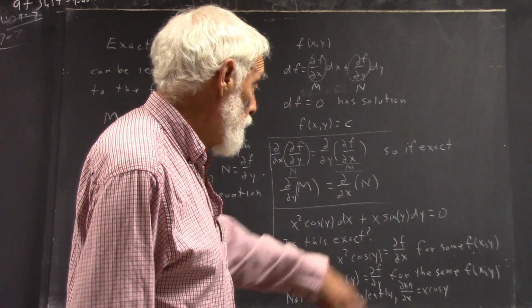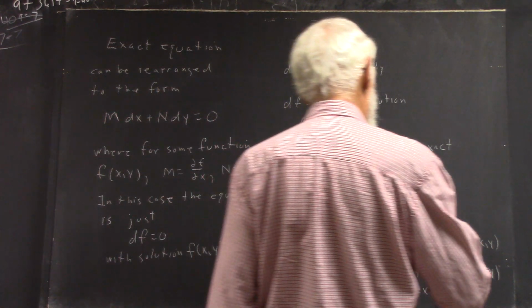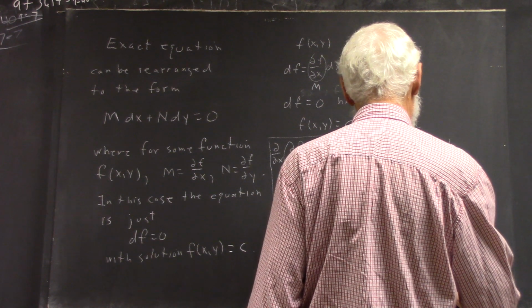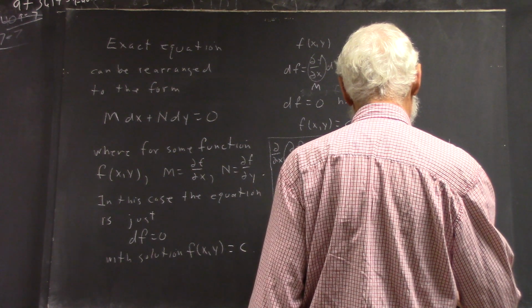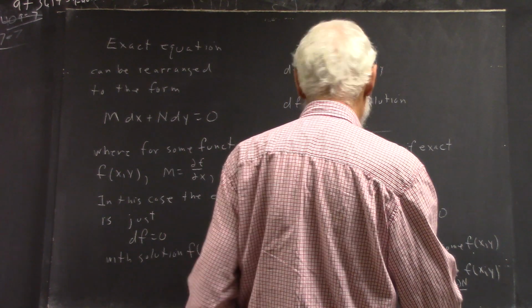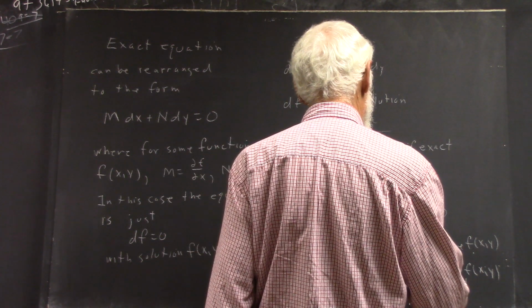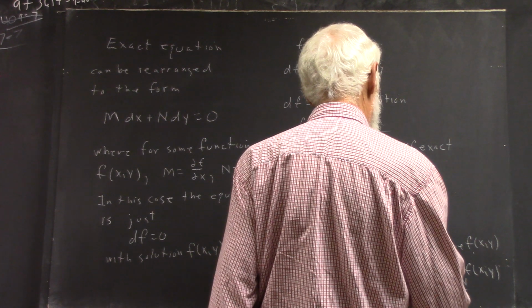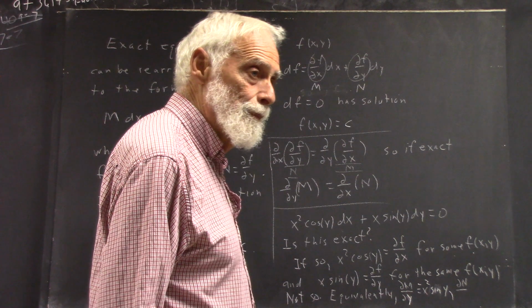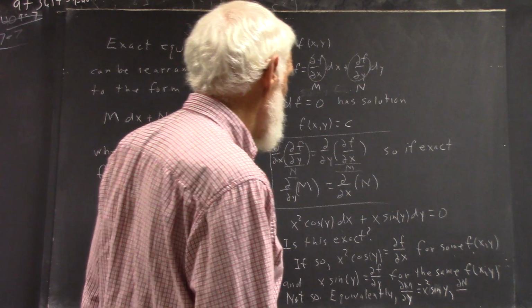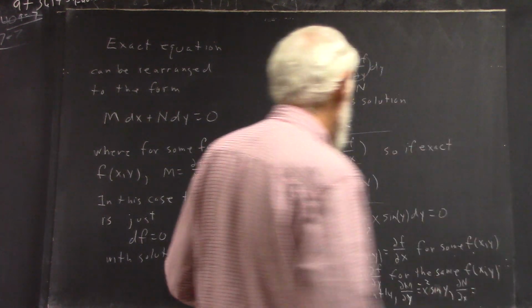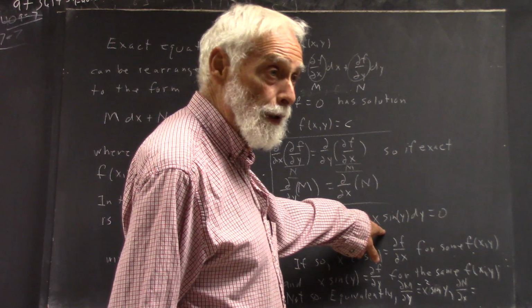Partial with respect to y is negative x squared sine of y. And the partial of n with respect to x, this thing is just sine y, right?